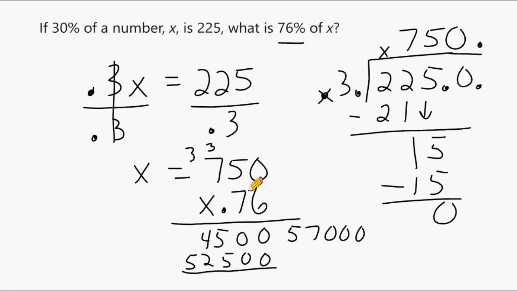Now, we have a decimal point in the multiplication problem, and we have 2 place values after it. So we have to go to the end of our answer here and move to the left 2 decimal places to get our final answer of 570. So 76% of x is 570.